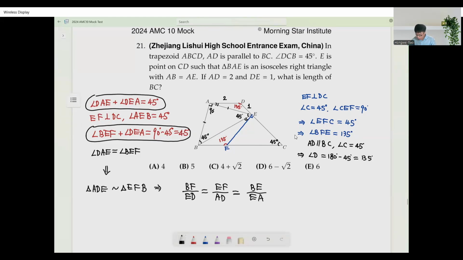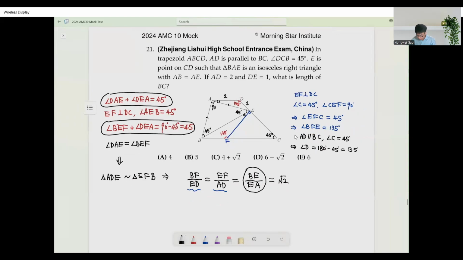But we know that BE is the hypotenuse and EA is the leg of an isosceles right triangle. So that means we have this ratio: BE over AE is equal to √2. If we apply that ratio to these two quotients, we can have the following conclusion.